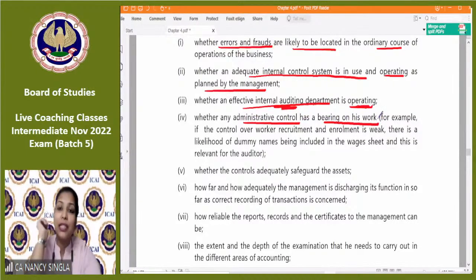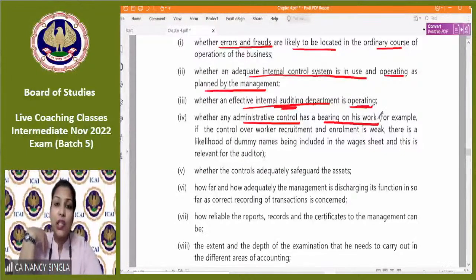For example, let us try to understand this with the help of an example. See, when we as an auditor were understanding and evaluating the control with respect to wages, we saw that with respect to the recruitment and enrollment of the workers, the internal controls are weak.